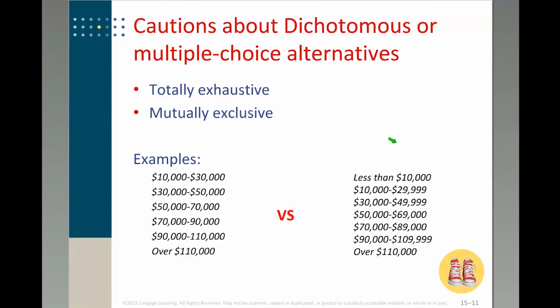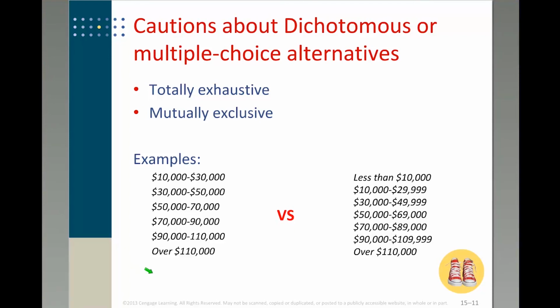We also want the choices to be mutually exclusive, meaning that no possibility is included in two or more choices. I've got an example to show you really quickly so that you understand what I mean by mutually exclusive.